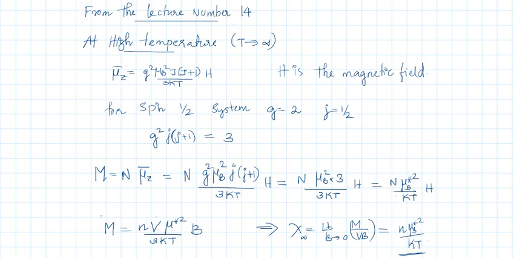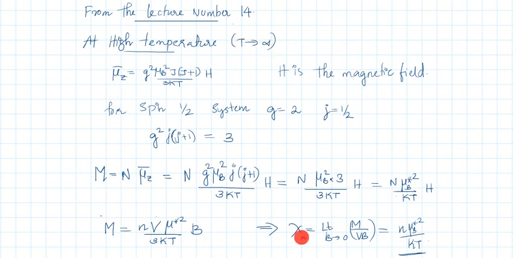So M is equal to n V μ² B by kT, because capital N you can write as small n into V. Instead of H you can use the magnetic field, the letter B. So χ∞, this is at a high temperature as T tends to infinity.